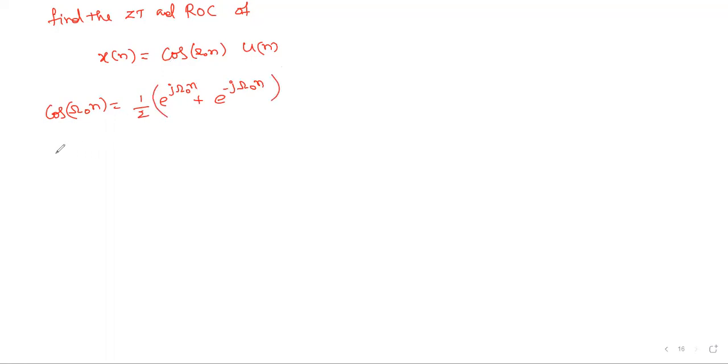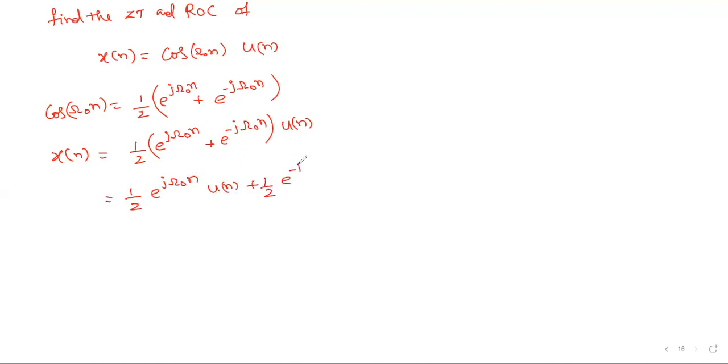Now if you substitute this, what will happen to x of n? X of n will become 1 by 2 into e power j omega naught n plus e power minus j omega naught n, into u of n. You multiply each separately: 1 by 2 e power j omega naught n into u of n plus 1 by 2 e power minus j omega naught n into u of n.